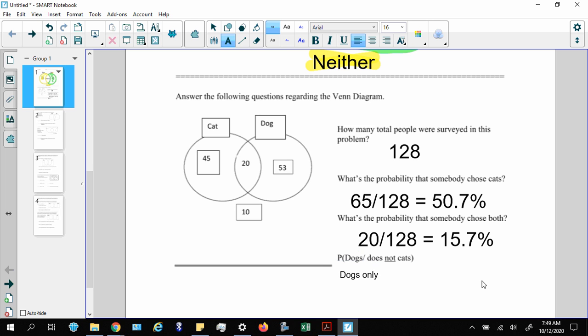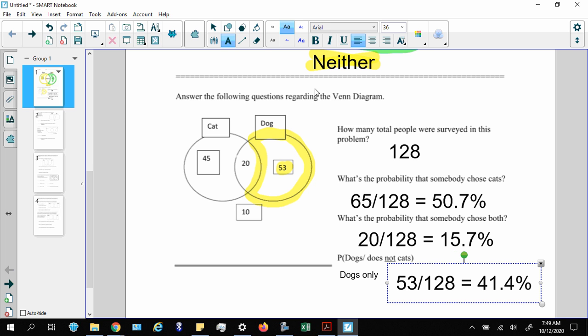So how many dog only people are there? Using my highlighter, the dog only part is the part of the circle that does not include the both section. So there's 53. We're going to have 53 people, and we divide that by the whole 128 because that's the total, which gives you 41.4%.